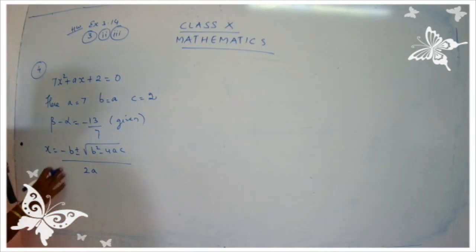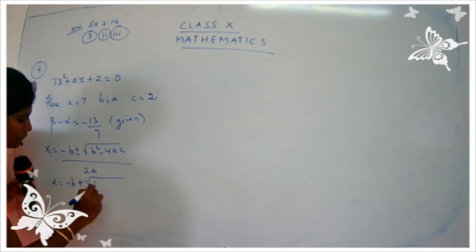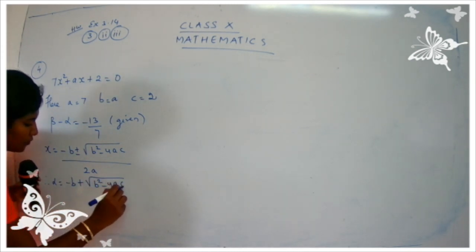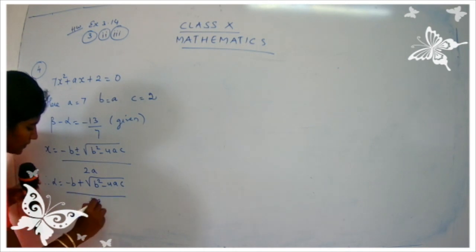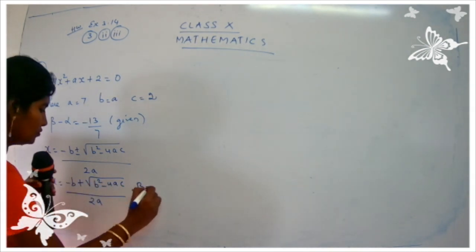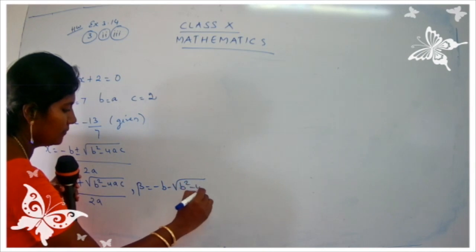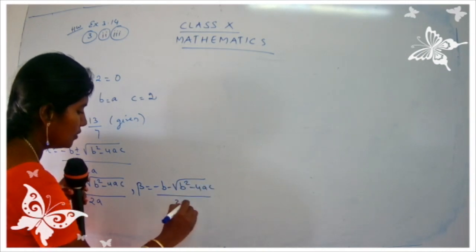So write down alpha value as minus b plus square root of b square minus 4ac upon 2a. Plus minus is there. So I am taking the value for alpha as plus. And beta is equal to minus b minus square root of b square minus 4ac upon 2a.